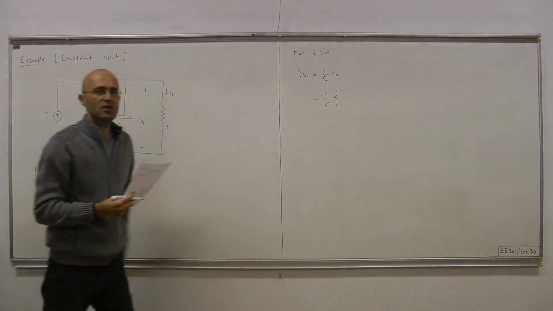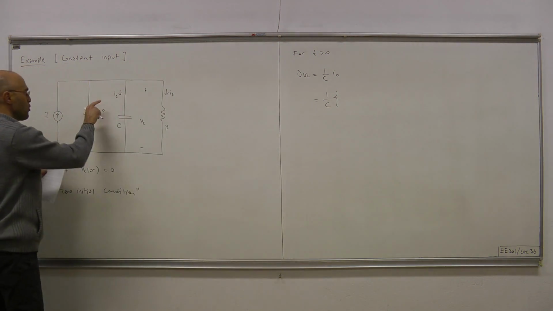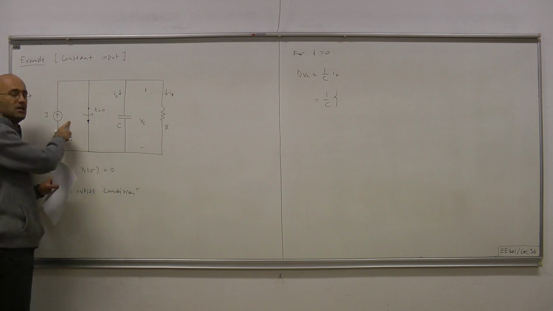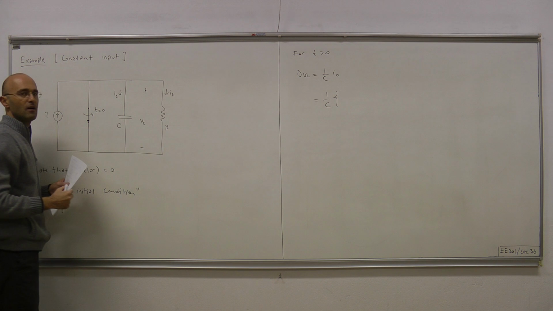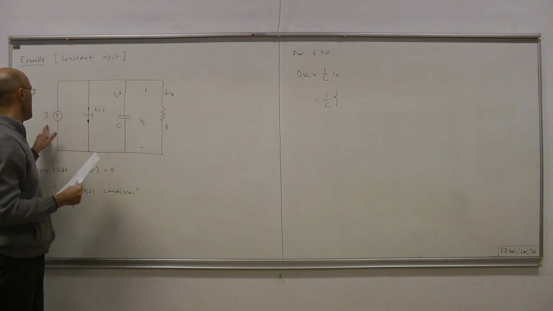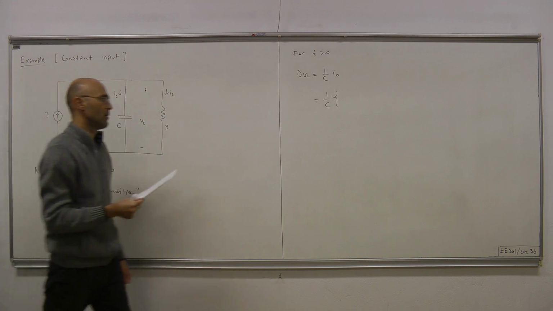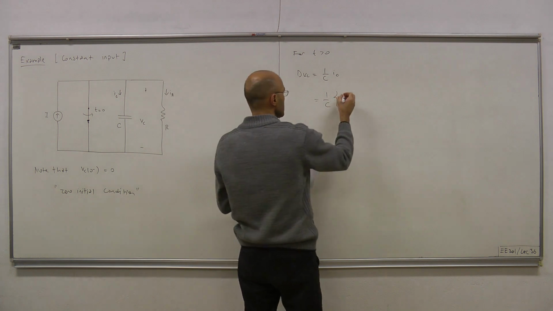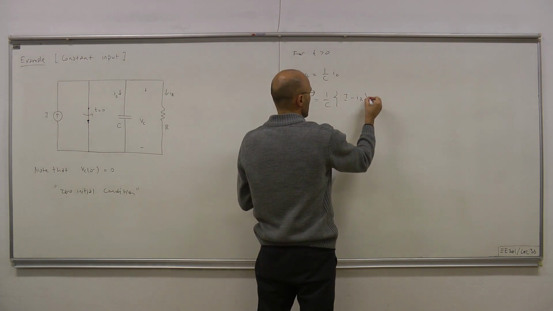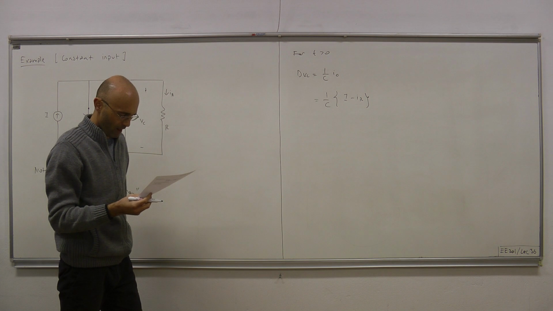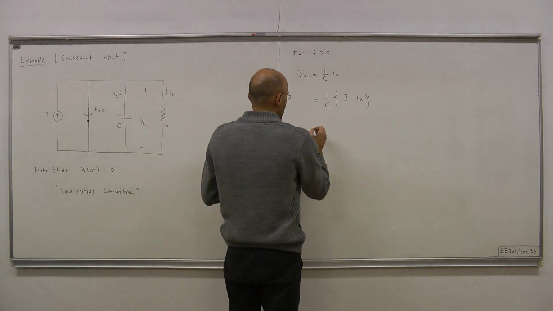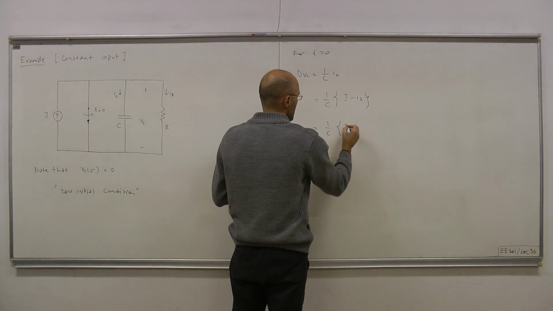Let's rewrite IC in terms of other things. Now, the switch is open. Therefore, by KCL, this constant current I equals IC plus IR. Therefore, IC is I minus IR. And that equals 1 over C times (I minus IR).